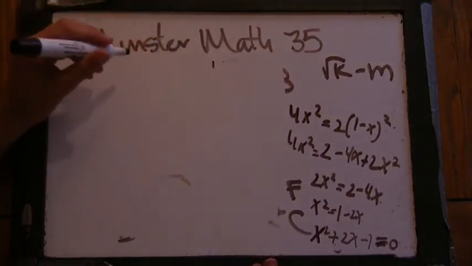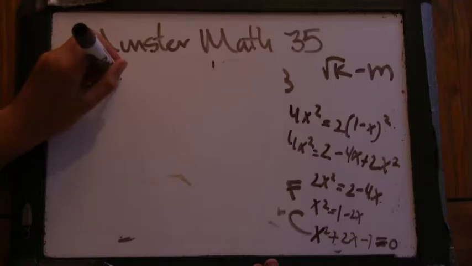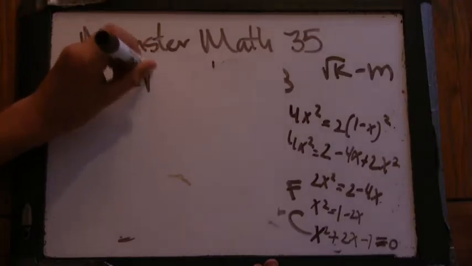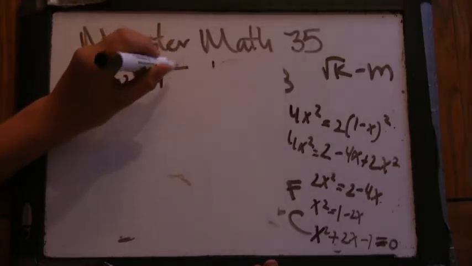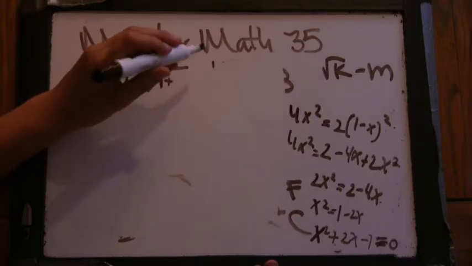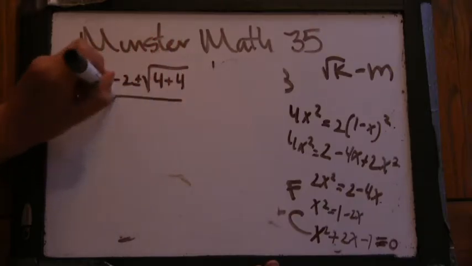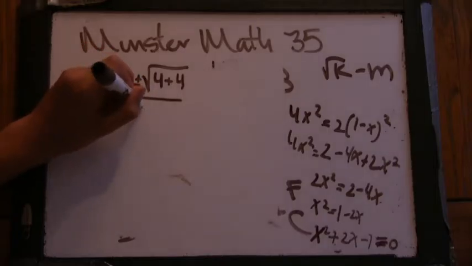So the quadratic formula says you'd have minus 2 plus or minus square root of 4 plus 4 over 2.